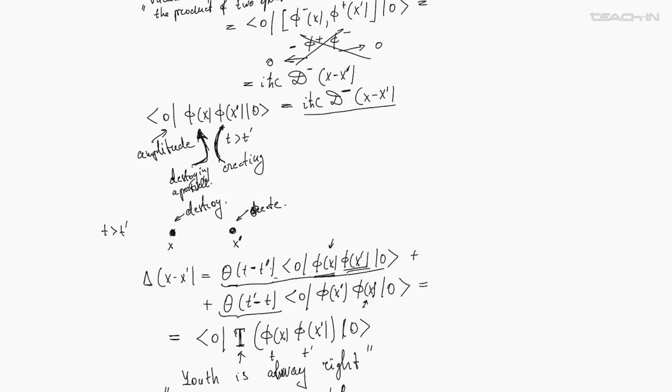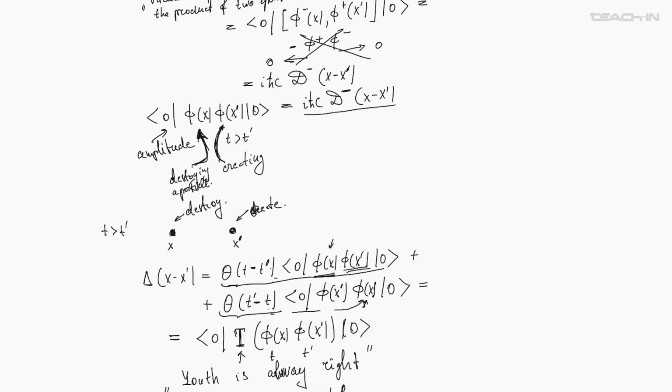It takes care of the opposite situation. So it may happen that there the t prime value is bigger than t. So the operator with t is younger, and then this operator which is younger stands to the right of the operator with a higher value of t. So that's exactly how in these two terms we implement this t-ordered product rule.